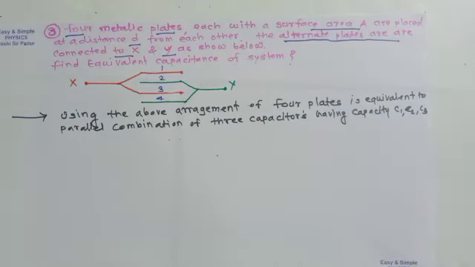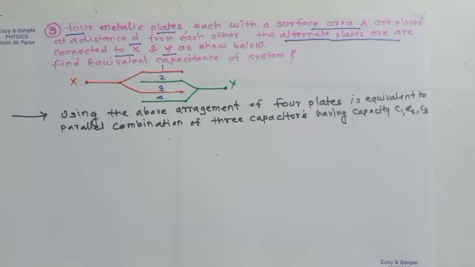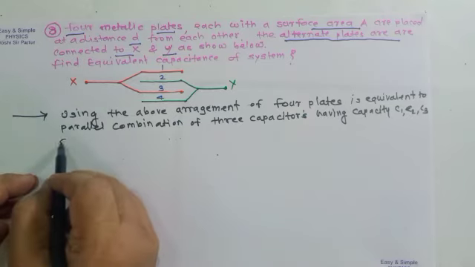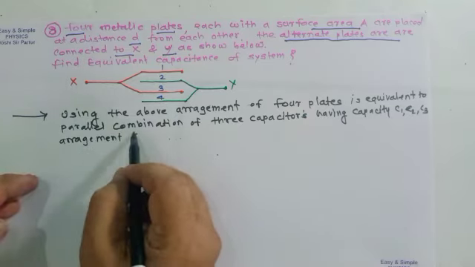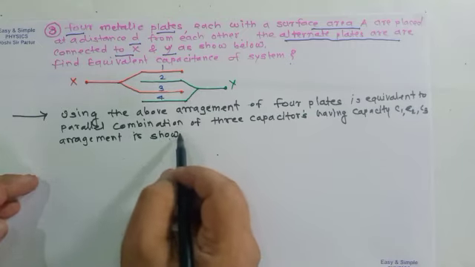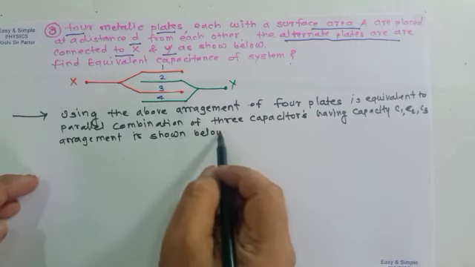So 3 capacitors having capacity C1, C2, C3, they are connected in parallel. The arrangement is shown below.